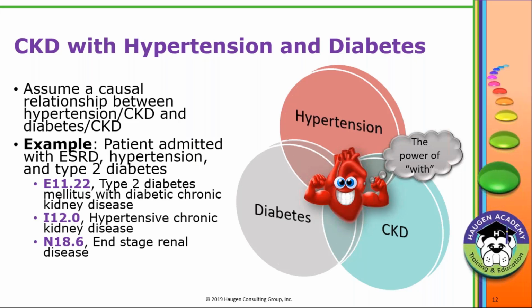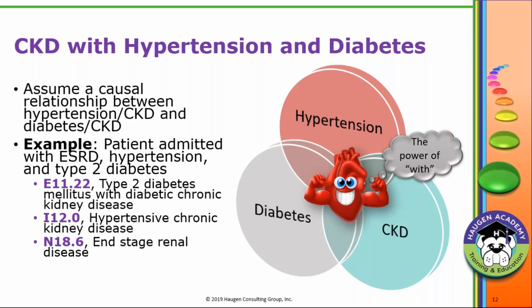There is a Coding Clinic from the fourth quarter of last year that tells us that we can assume a causal relationship between hypertension and CKD, as well as diabetes and CKD, because of that convention in the index. They said the classification assumes that relationship for both, but also that the CKD is probably related to both the hypertension and the diabetes when the patient has all three conditions.